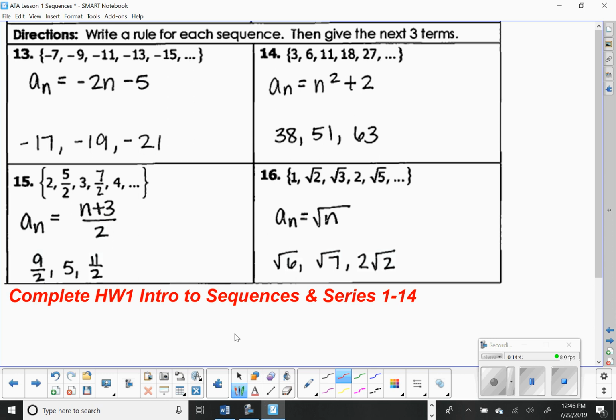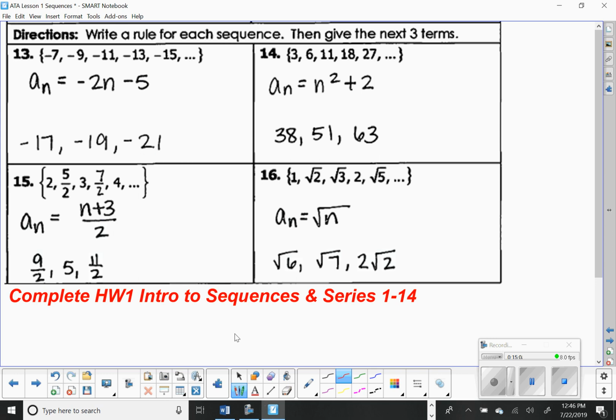All right, now, what you have is homework 1, intro to sequences. And again, don't get too caught up if you're struggling with coming up with the rule, because really a lot of what we're going to be focusing on is specifically arithmetic and geometric. But the idea of finding patterns in numbers is pervasive throughout mathematics.